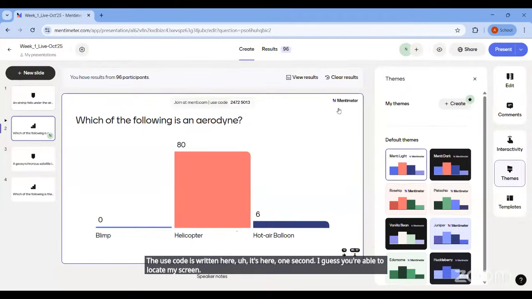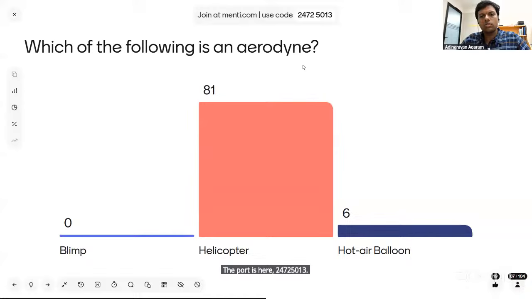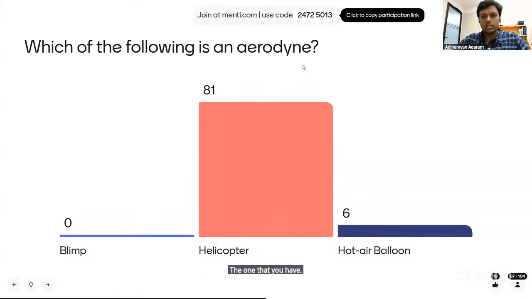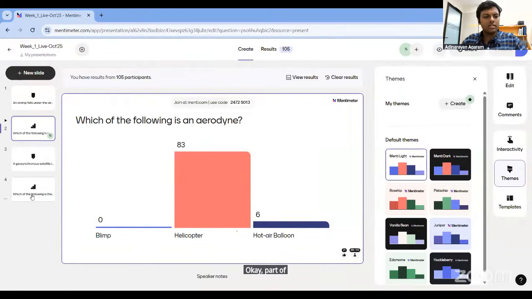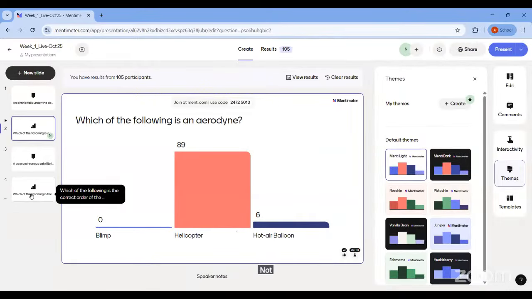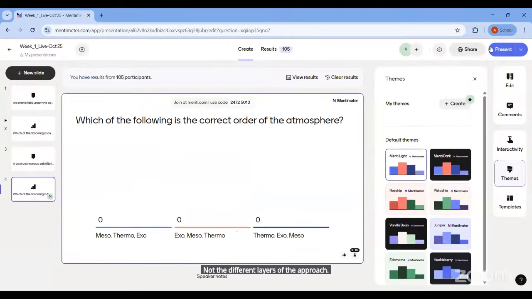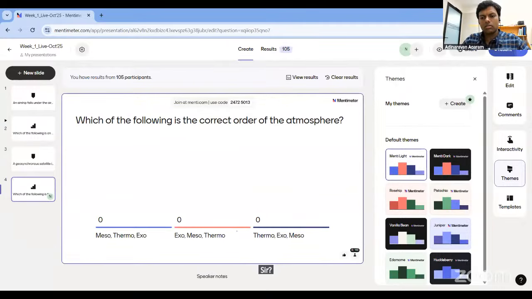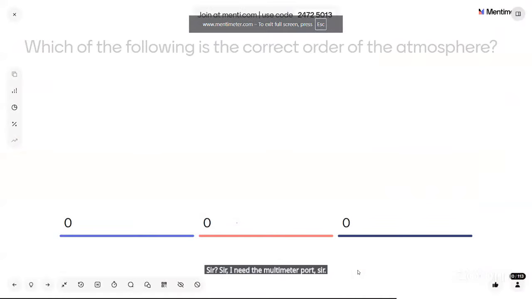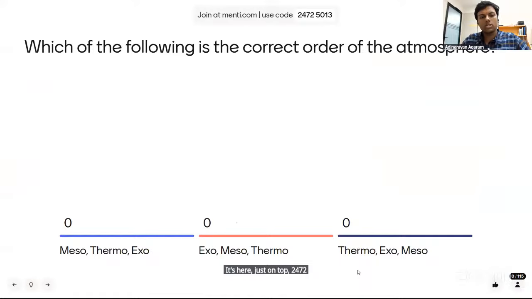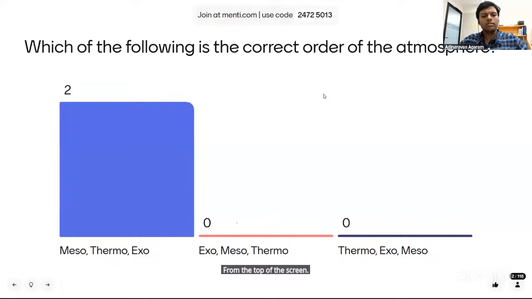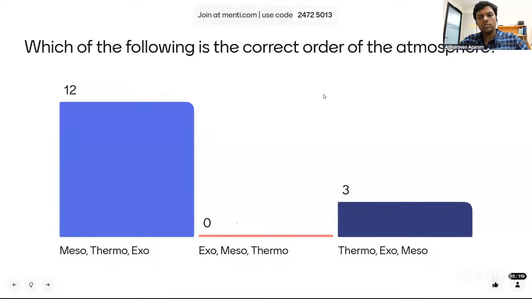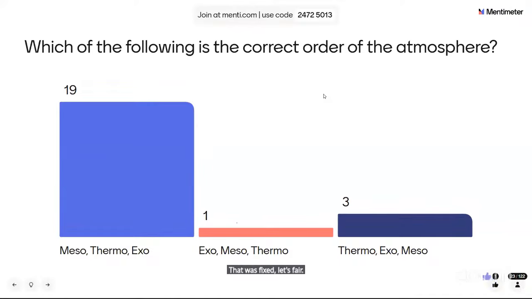The code is here, 24725013. The one that's here. Is that clear? Yes. Let's move on to another question. Sir, I need the code. It's here, just on top, 24725013. It's on the top of the screen.